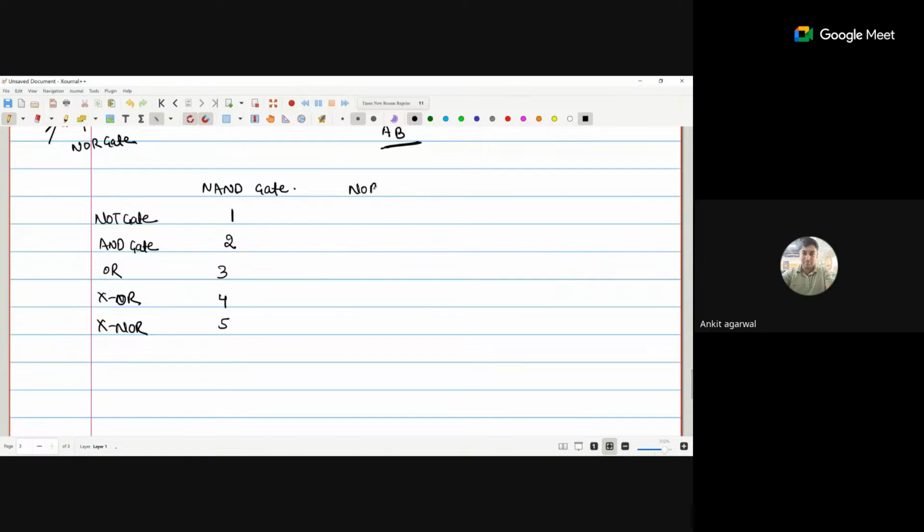Similarly, if we are talking about the NOR gate, for NOT 1, for OR 2, so automatically AND is 3, XNOR and NOR 4 and 5.